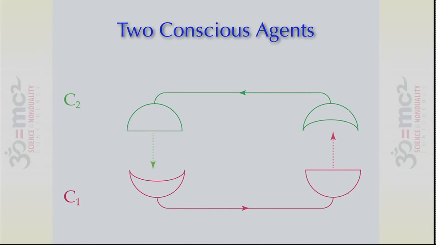You can write this abstractly too. You can just think of two conscious agents, C1 and C2. Here's a sender, here's a receiver, and the information is cycling between them. You have conscious experiences happening here, free will decisions. So this is consciousness as will, and then consciousness as action. So consciousness is conscious experience, free will, and then free action.